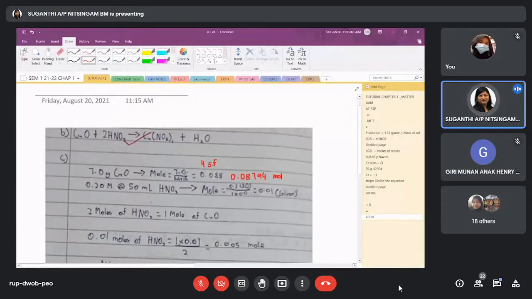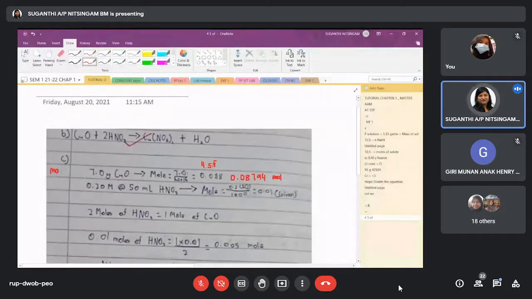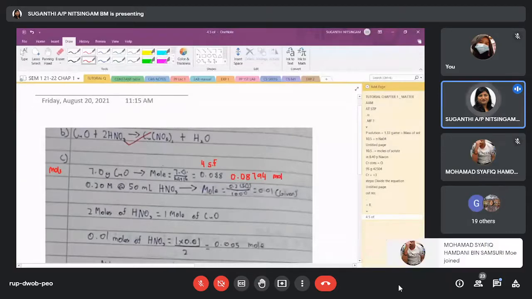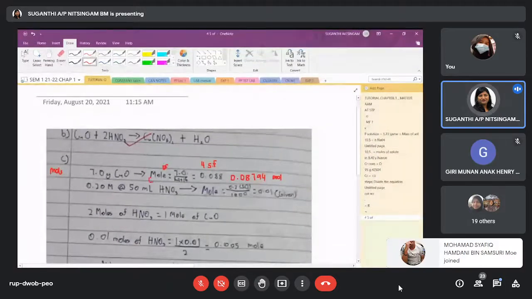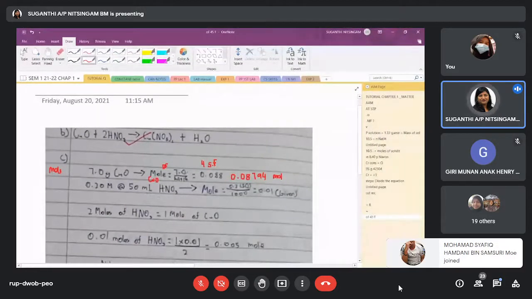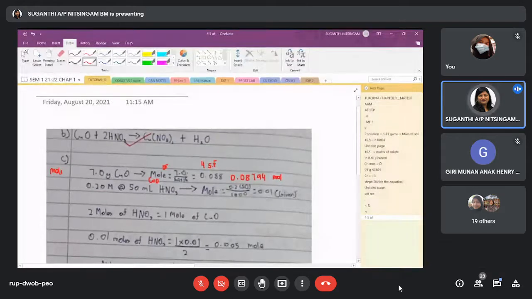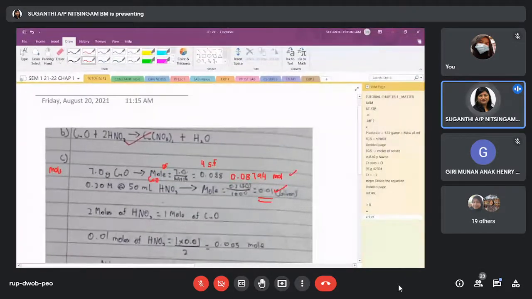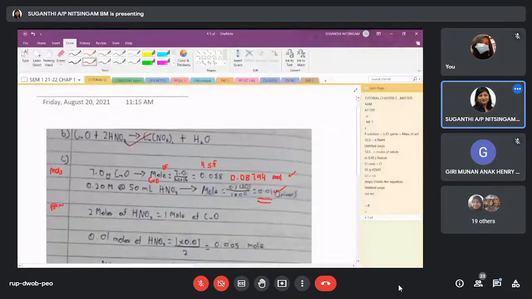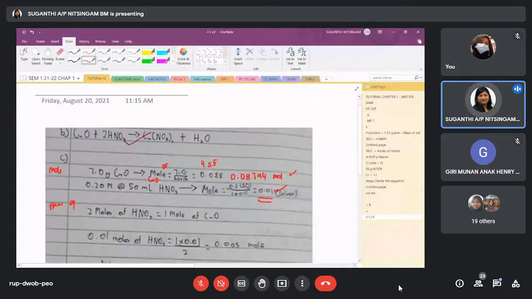MV per 1000. Tulis kat sini moles of apa yang you sedang cari. Okay, dia tulis ni moles of copper oxide. Ni moles of HNO3. Ini okay, correct. Daripada sini you cari, 2 moles of acid nitric reacts with 1 mole. So 0.01 should react with 0.005 mole copper oxide.